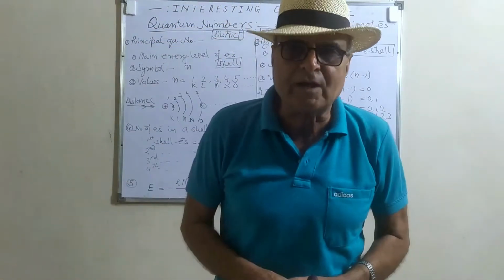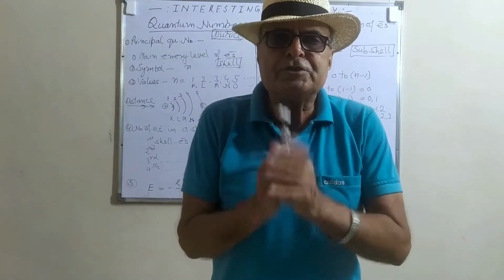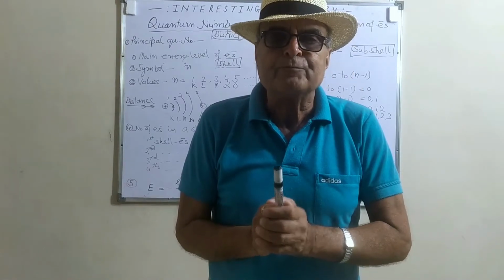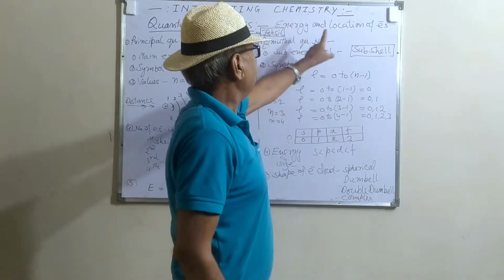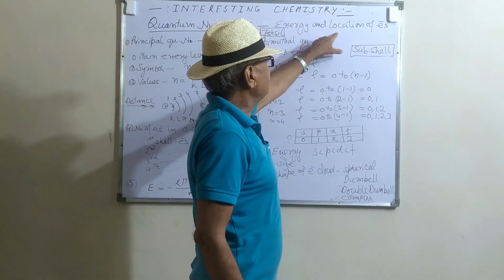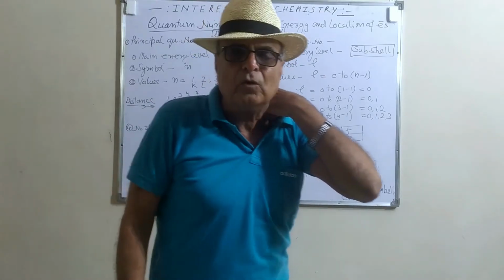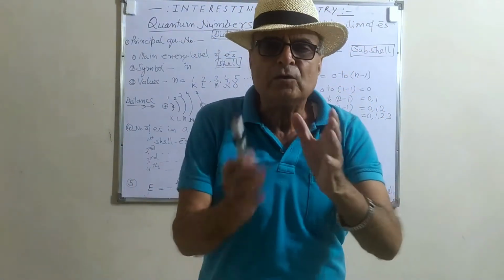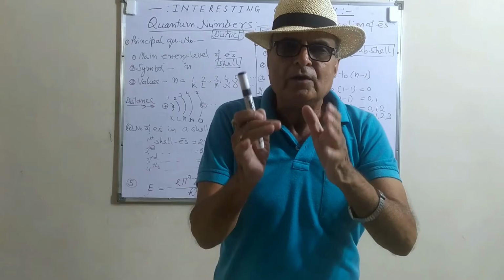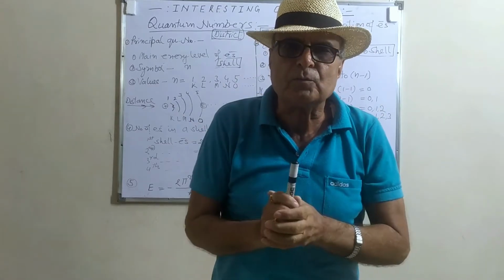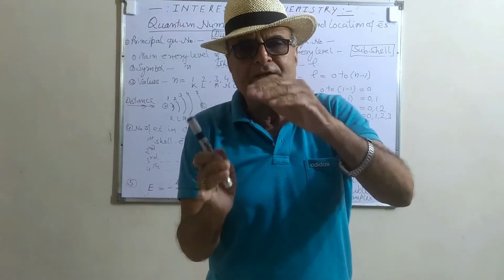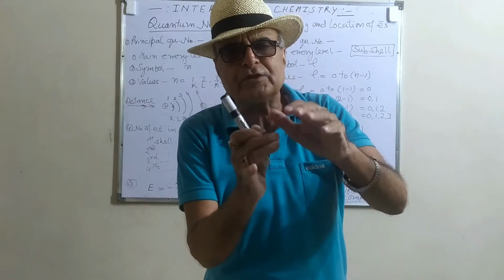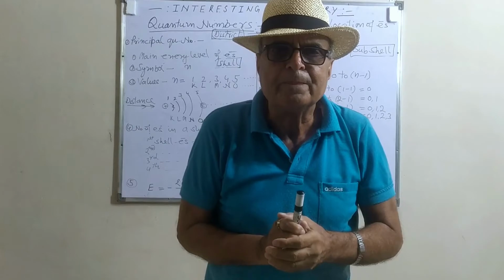So first I start with the principal quantum number. These quantum numbers tell us the energy and the location. Location means, think of your address which you give at the post office, where you receive your postage at your home.